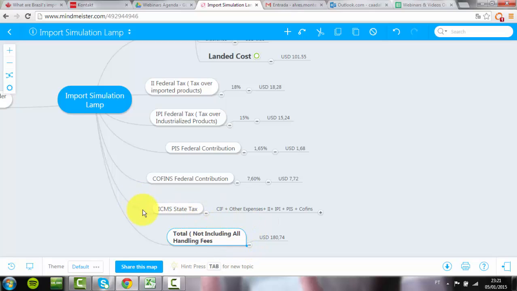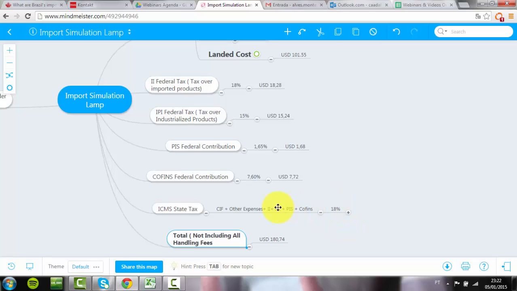São Paulo's ICMS is 18%. So when you import a product, you include the CIF price plus other expenses, plus the import tax, plus the IPI, plus the PIS and the COFINS.